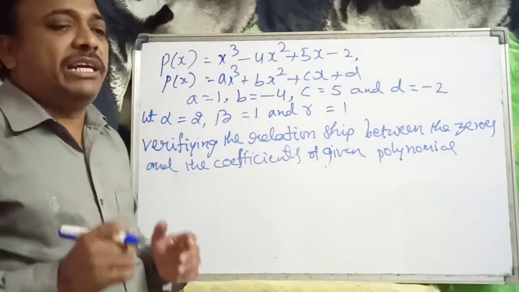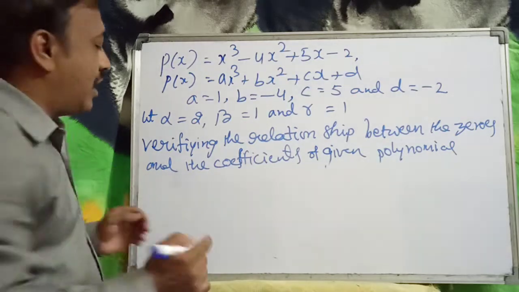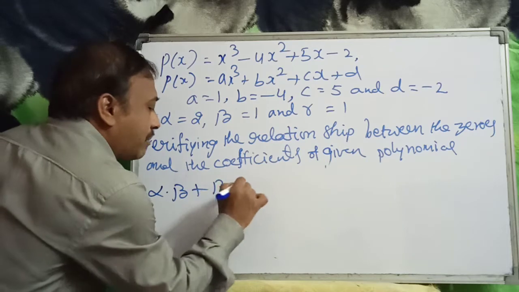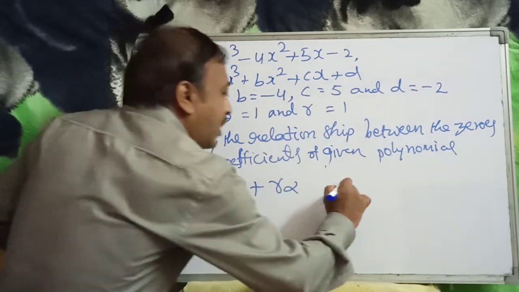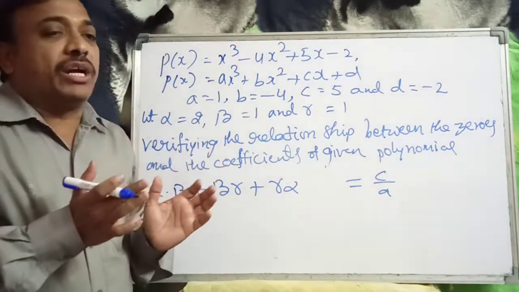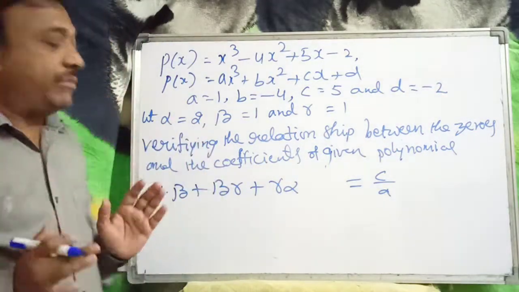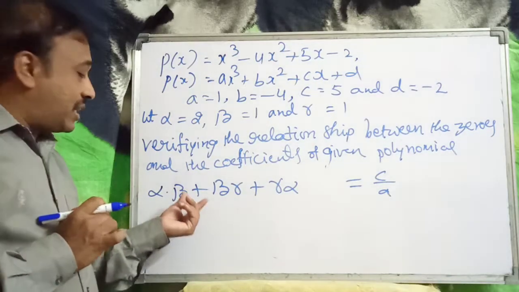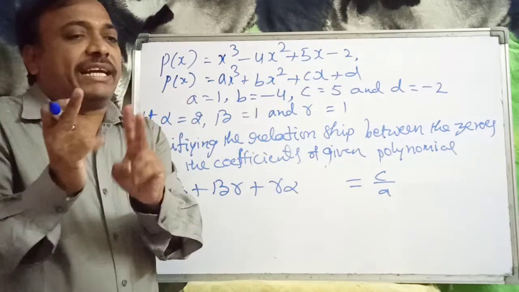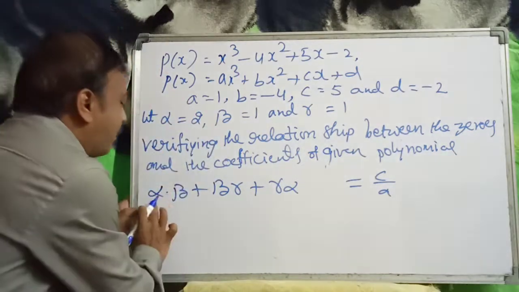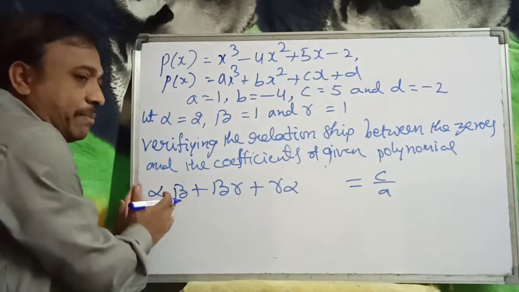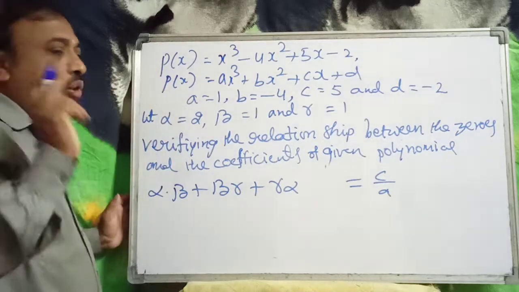This is the sum of the products of zeros taken 2 at a time. We are multiplying, then adding. So we are taking 2 at a time: alpha into beta plus beta into gamma plus gamma into alpha.